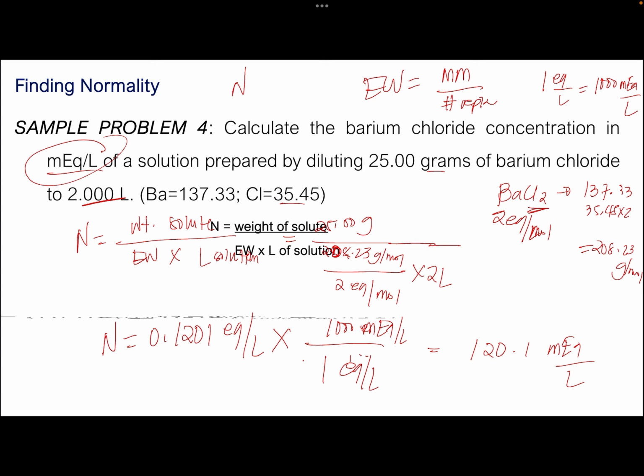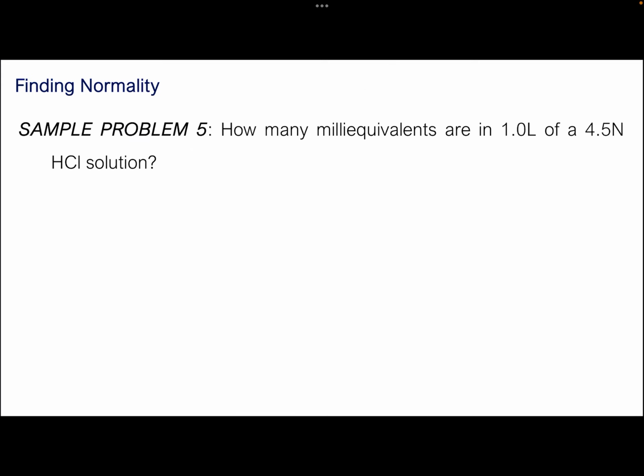Okay, next example. How many milliequivalents are in 1.0 liters of 4.5 normal HCl? So using your formula, N is equals weight of solute divide EW times the liters. So given is our normality, 4.5 equivalents per liter.